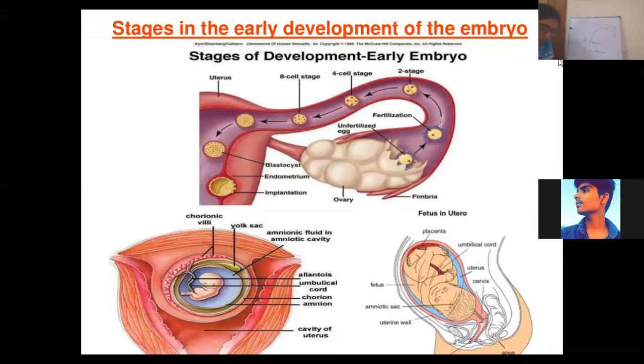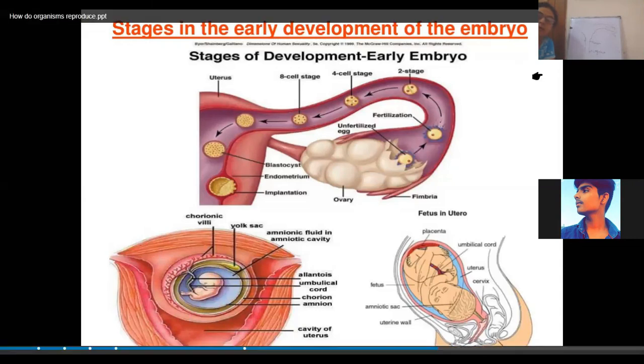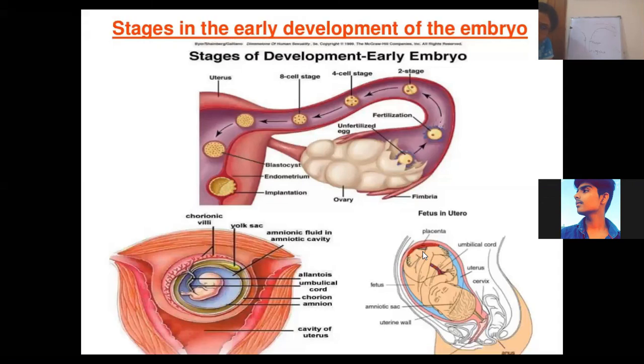So this is the beginning where the embryo is attached to the female uterus through a disc-shaped structure known as the placenta. As I've told you, the placenta provides the passage for glucose, amino acids, oxygen and other useful material from the mother's body to the embryo.